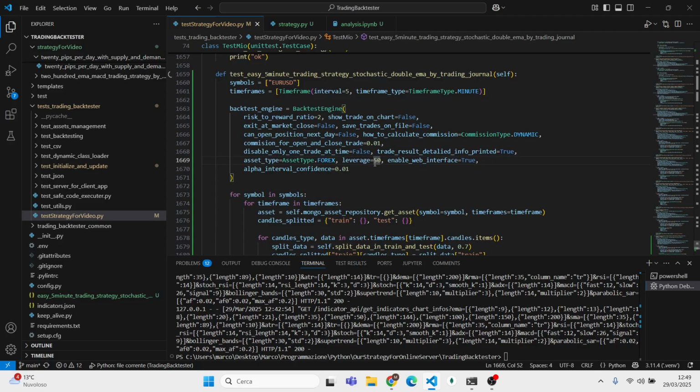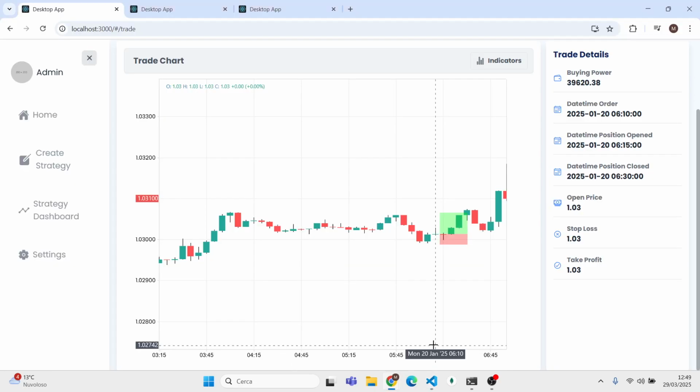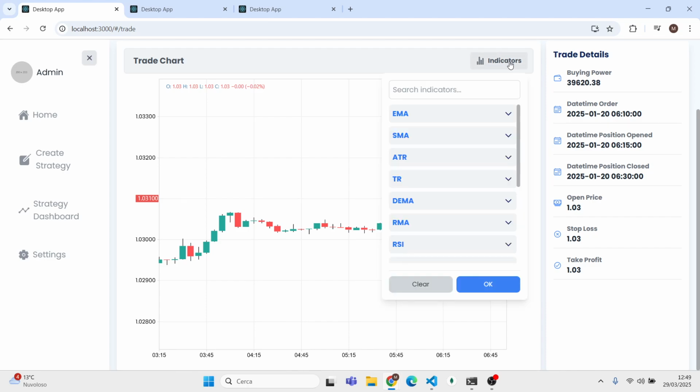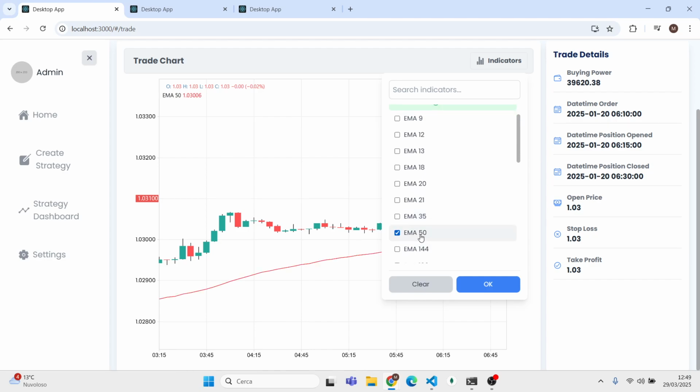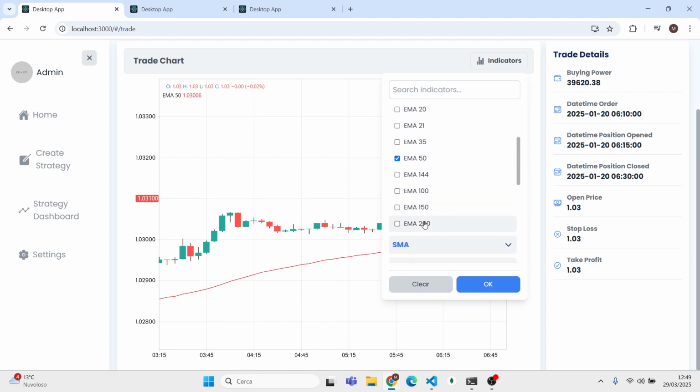Okay, but now let's jump on the chart and let's take a look at some entries. Let's start with this entry. As you can see here, my software already shows me the trade, but we are not seeing any indicators now. So let me show you the indicators you will need. You will need EMA 50 and EMA 200.